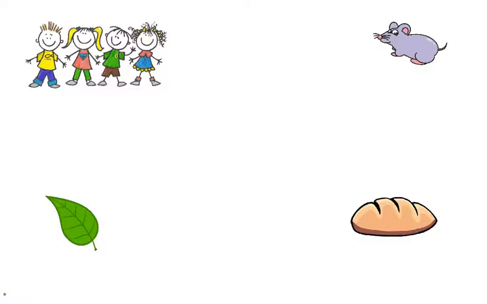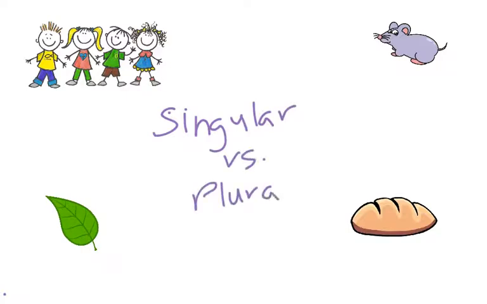So, to start off, we're going to be discussing singular versus plural nouns. Great. So now, what are singular nouns and what are plural nouns? Singular nouns refer to one of a certain thing, place, or person.